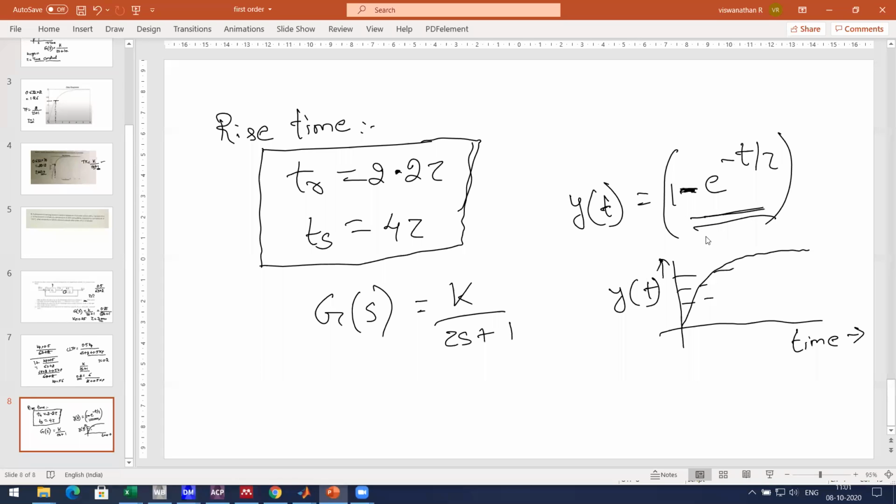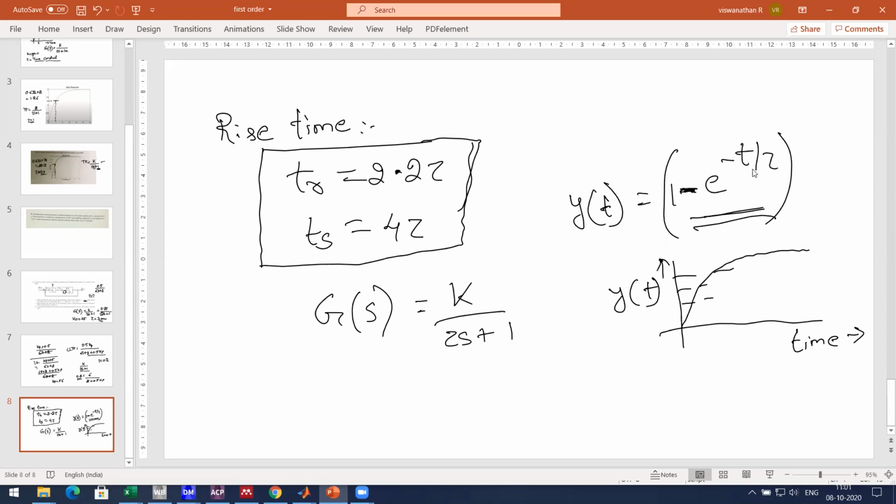Suppose you put t equal to tau, what will happen? E to the power minus 1, sir. Can you calculate 1 minus e to the power minus 1? 0.632, sir.